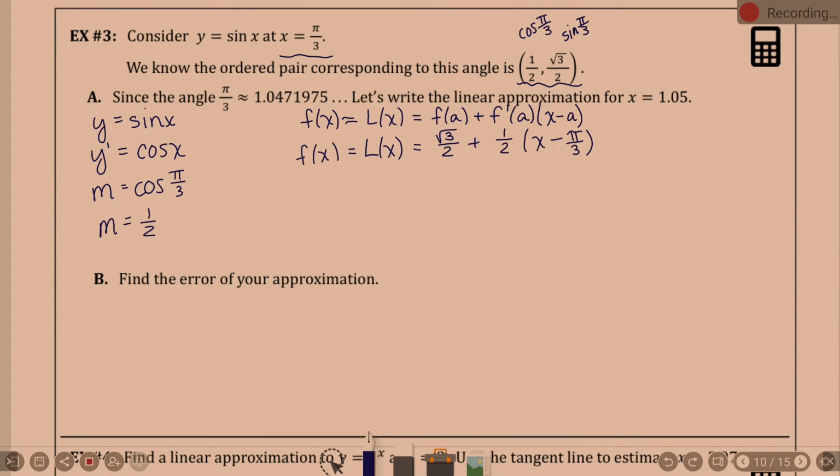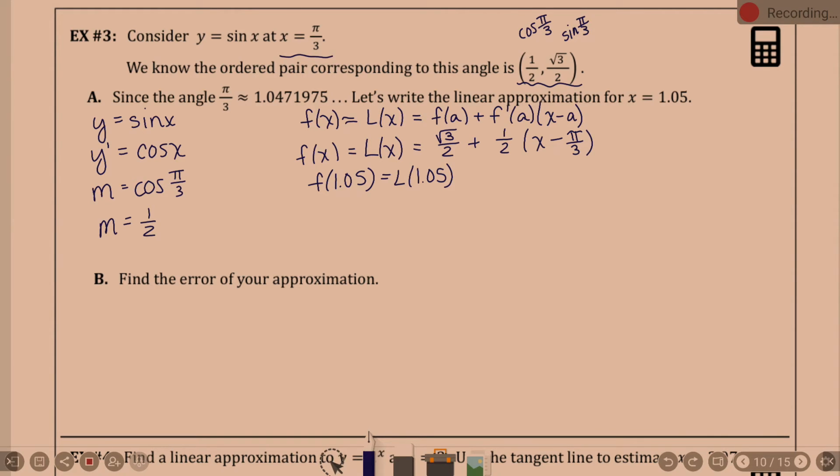Now, there's our equation. What were we supposed to be doing here? Finding the linear approximation for 1.05, yes? So now we are plugging the 1.05 in there. So it's the idea of f of 1.05, which is L of 1.05.